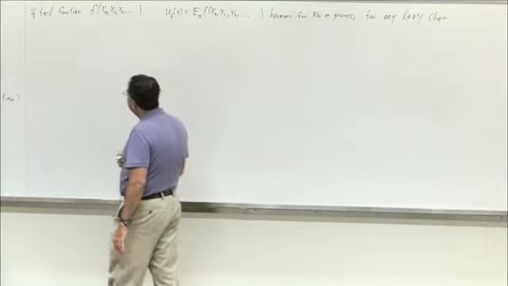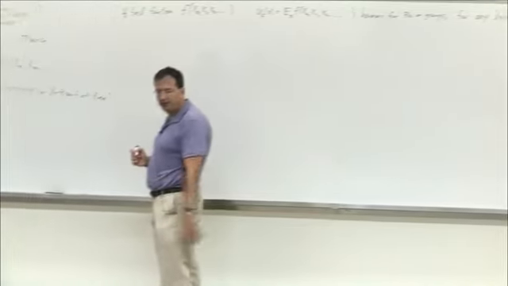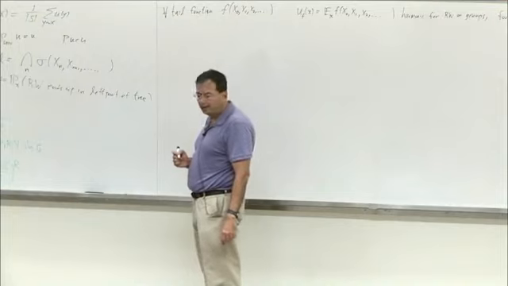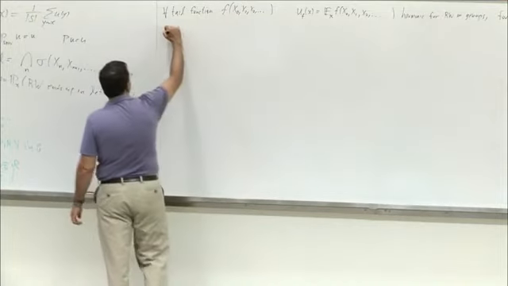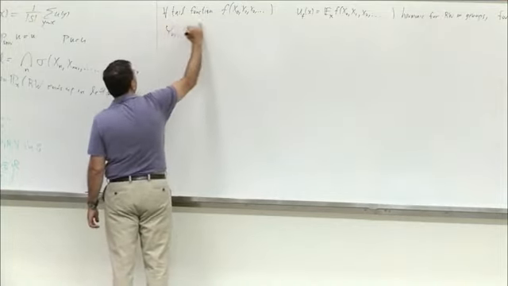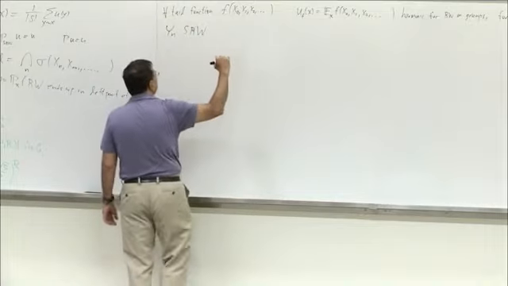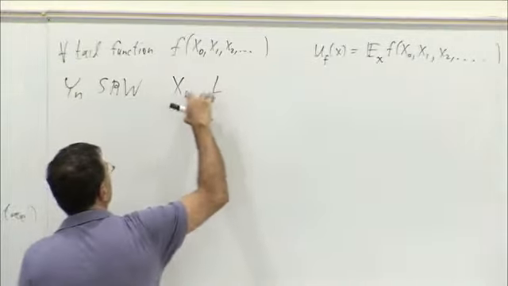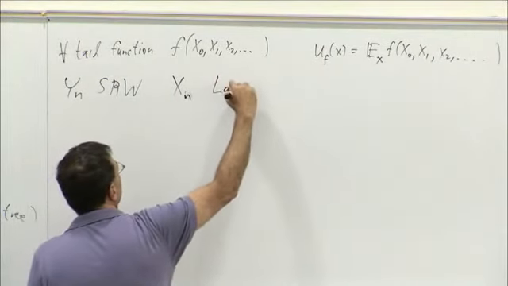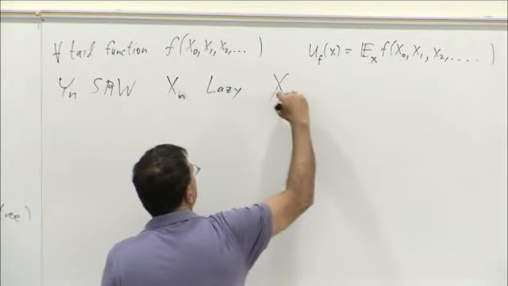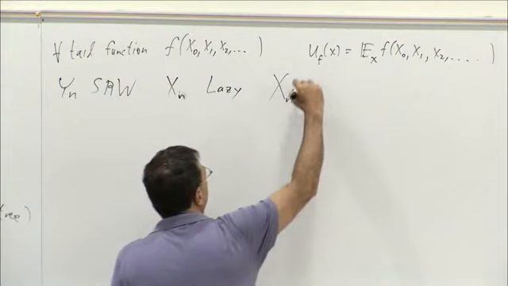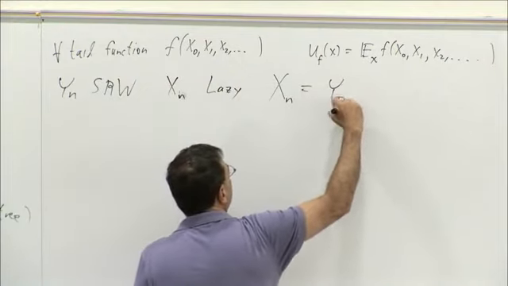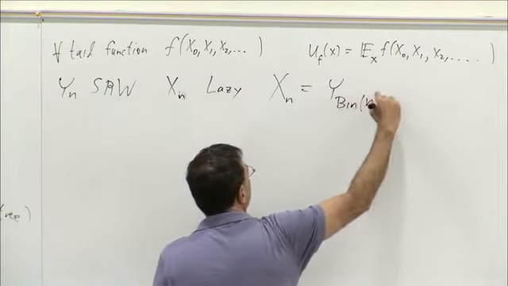And the key is, let me explain it for a lazy walk. If Y_n is a simple random walk and X_n is the lazy walk, then we can write X_n as Y at a binomial time, Binomial(n, 1/2).